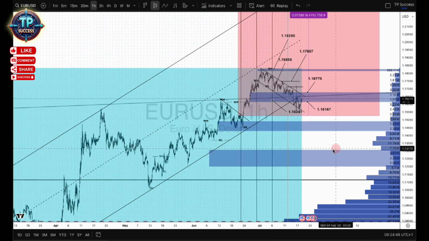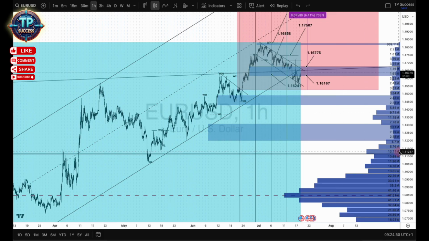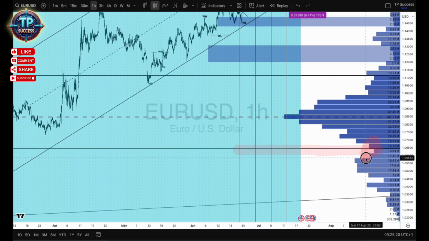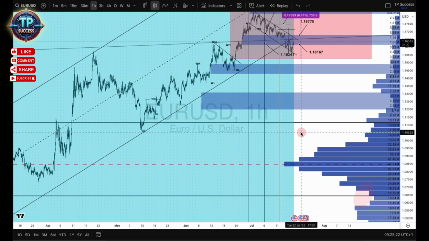And if it does break down, I'm expecting price to make its way all the way down to this level right here, which is the high side of the value area. Then if price makes its way underneath here, I'll be expecting price to make its way to point of control, as well as come even lower to the low value area, which is this right here, where we have a low value node sitting. So right now, everything is kind of making sense for price to drop to the downside.